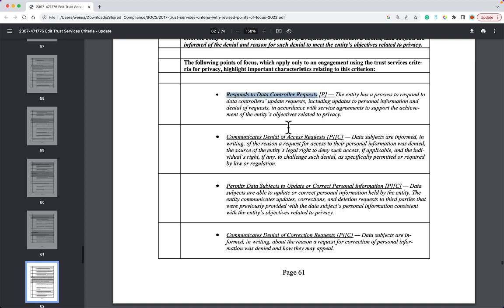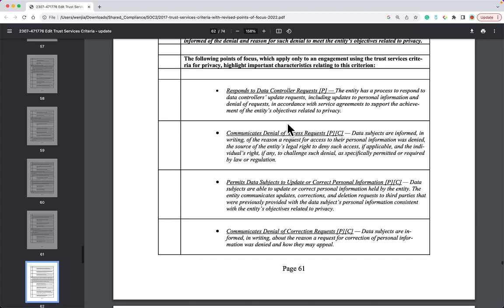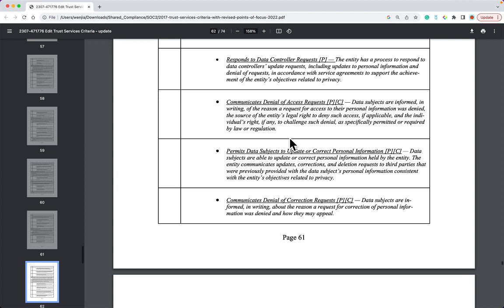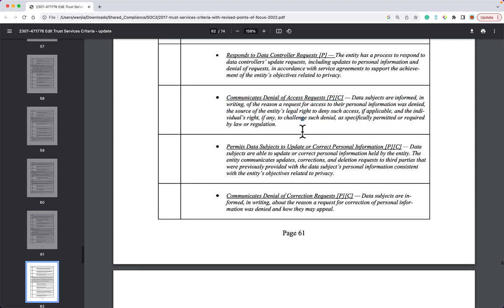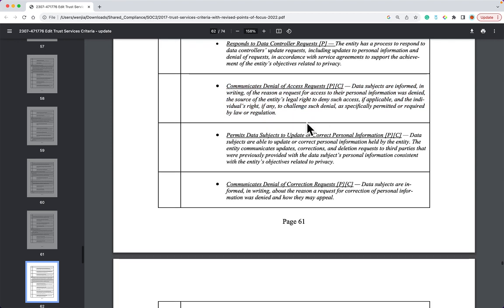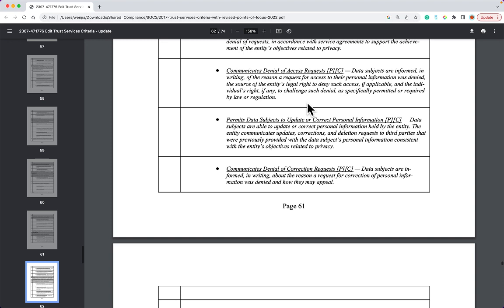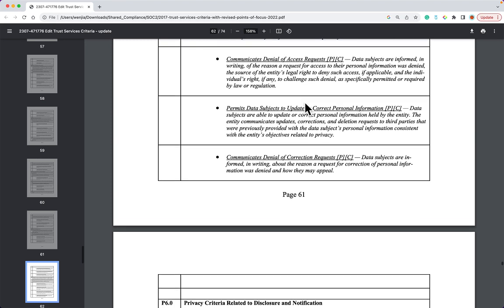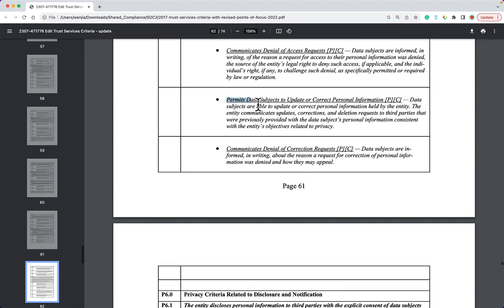So if the user wants to edit their information, you need to respond. And if they are denied, you need to tell them why and what the reason is. And permit data subjects to update or correct information.